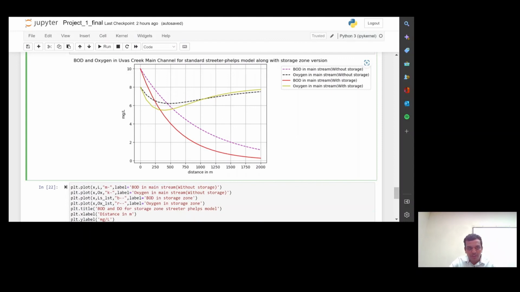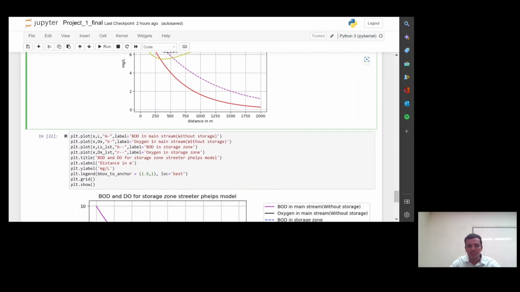So the BOD decomposition rate in the channel without storage is faster than the BOD decomposition rate in the red line with storage.